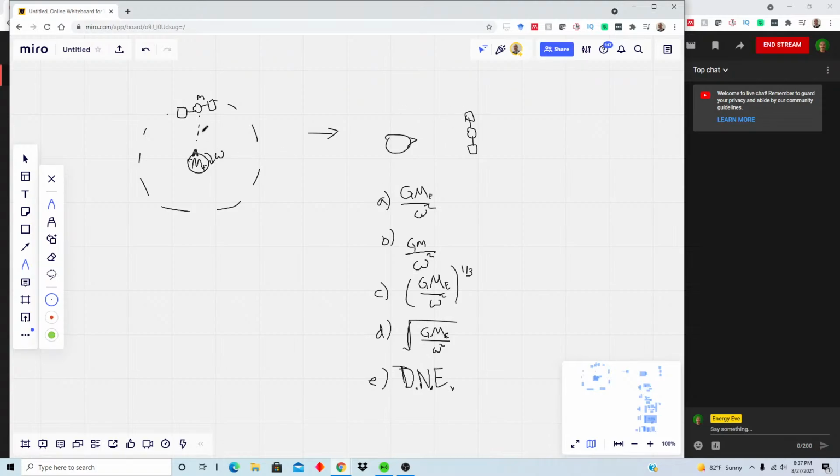Okay, so we know the radius of this. I guess that's what they want us to find out, right? The problem says, what is the radius of the geosynchronous orbit? Okay. So I guess if it can be in geosynchronous orbit, there is a radius, and this is what we want to find out. So there are some equations that can be thrown out right away, just to try to figure this out.